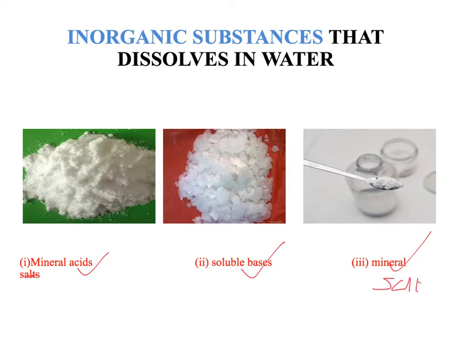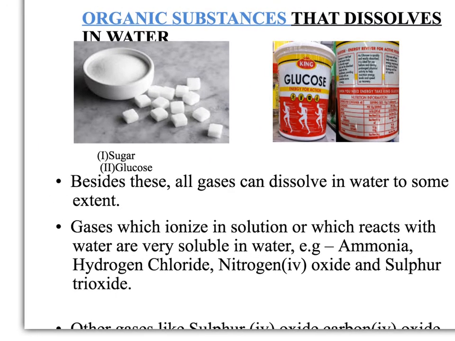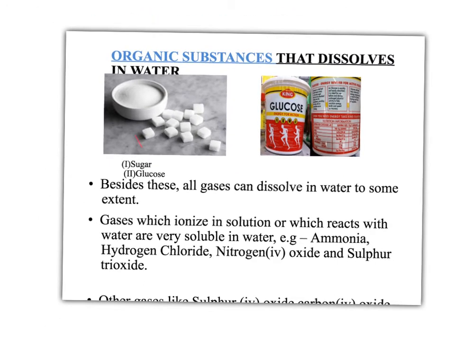So these substances dissolve. These organic substances also dissolve in water: sugar, and then glucose. It's important to note that besides all these gases that can dissolve in water to some extent, there are gases that ionize in solution or react with water, and those gases are very soluble in water.